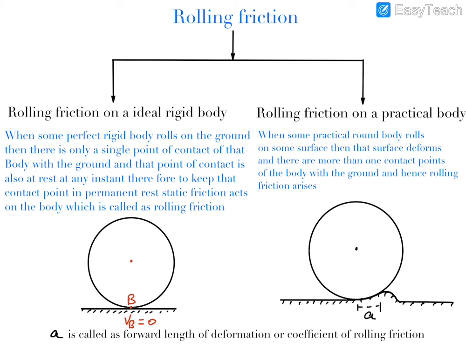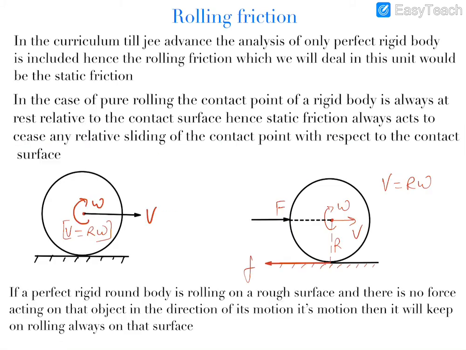I've mentioned in this statement that in the curriculum of IIT JEE Advanced, the analysis of only perfectly rigid bodies is included. Hence, the rolling friction which we will deal with in this unit would be static friction.